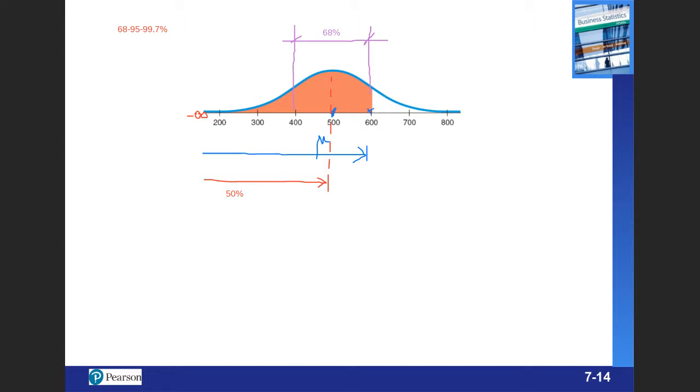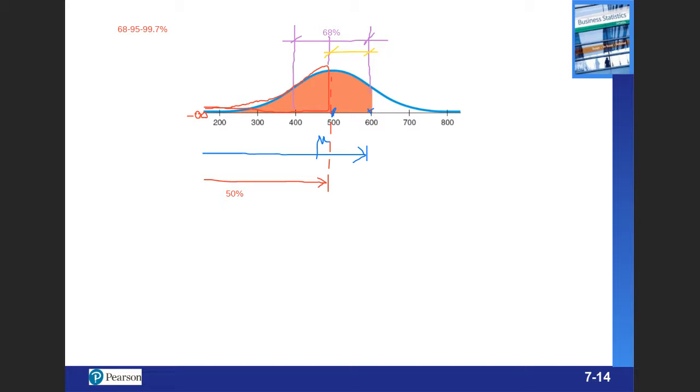So again, just to clarify, I'm talking about just this half of the curve being my 50%. Now what I'm left with is trying to find the area from the center to that GMAT score of 600.